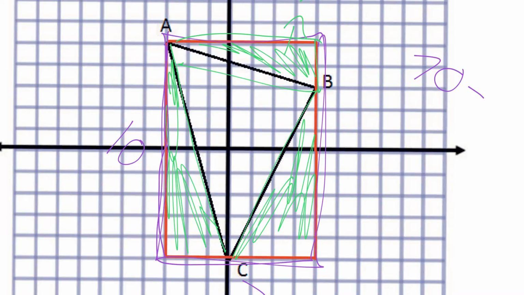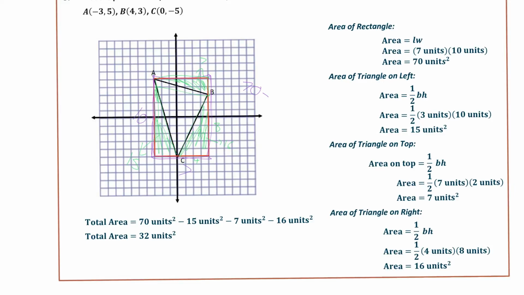This one looks like it's 8 by 1, 2, 3, 4, so that would be an area of 16. And then this one is 10 by 3, so this one would have an area of 15, 30 divided by 2. So you take 70 and then you subtract 7, 16, 15, and you should get 32.